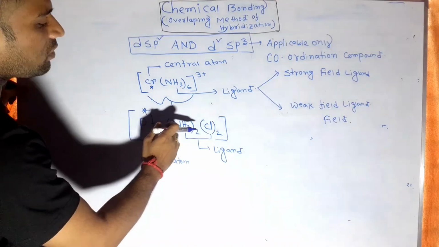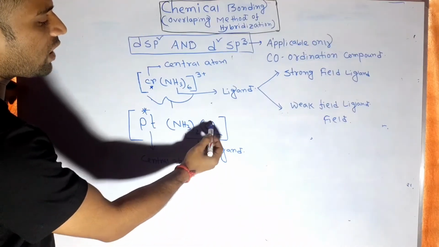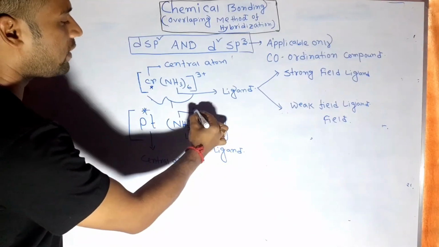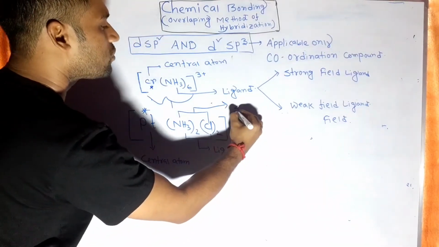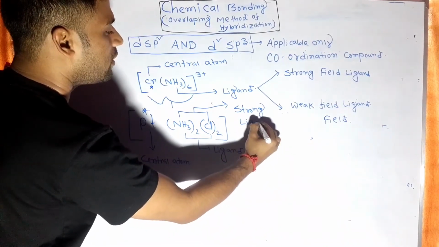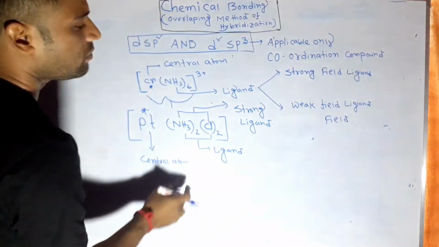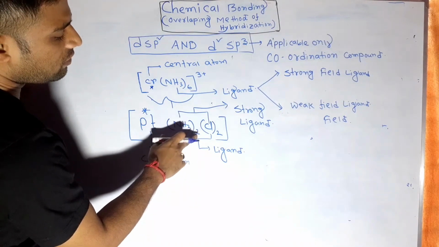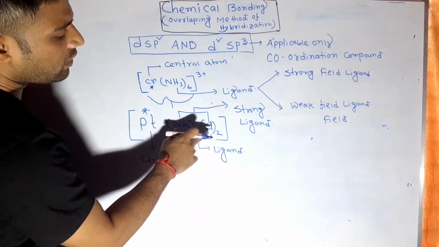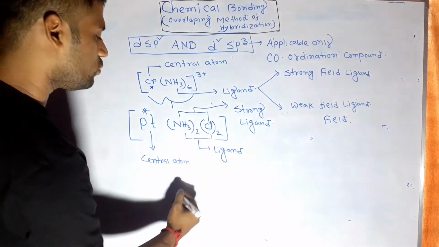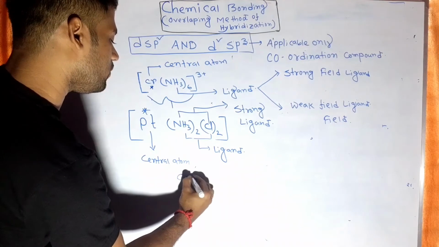After the central atom there are ligands. So there are two types of ligand, NH3 and Cl. Both ligands are strong field ligands. Then you follow the number outside: the strong field ligand number is 2, and this strong field ligand number is 2.